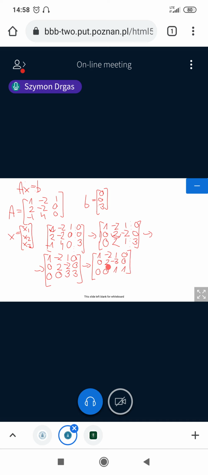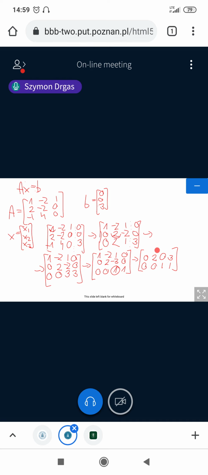So we can use this number as a pivot and eliminate everything above it. So it will be 0, 0, 1, 1. Then we can multiply the third row by 3 and add it to the second row. So it will result with 0, 2, 0, 3.